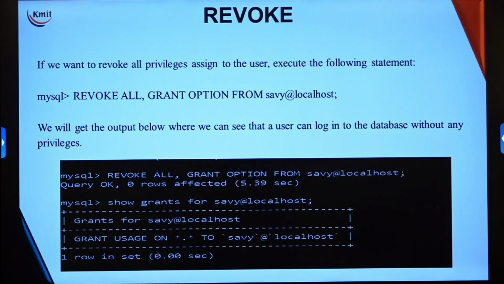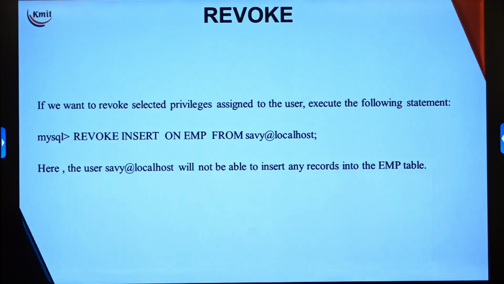So I just say revoke all grant option from savvy@localhost. So we are just saying that we want to revoke all the permissions, all the options that were granted to them. If you see, it has again come back to only usage. The account is still there, so they'll be able to log in, but they won't be able to perform any action.